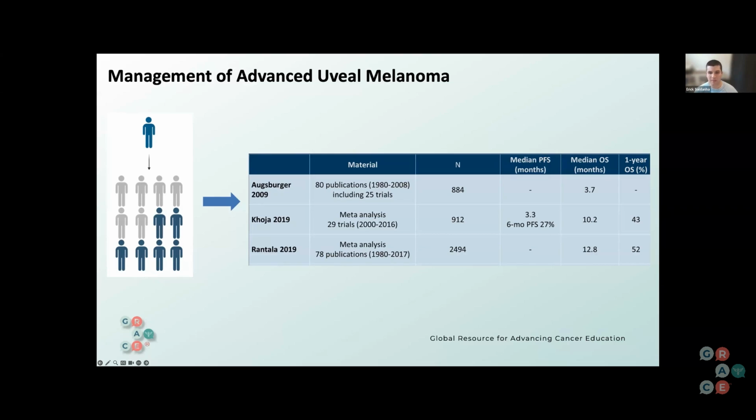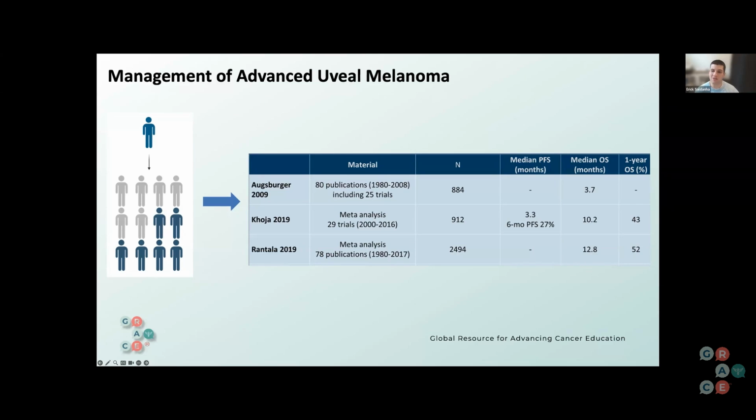So when you see here extensive literature data showing that the median overall survival once a patient is diagnosed with advanced metastatic melanoma, the median overall survival was ranging up to 12 months. And this is very important because until here, we did not have any standard of care treatment to offer patients that was able to improve overall survival.